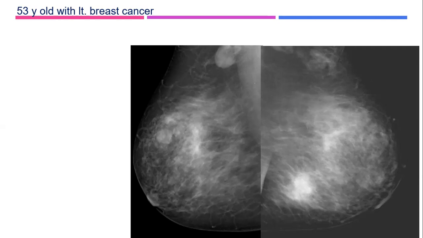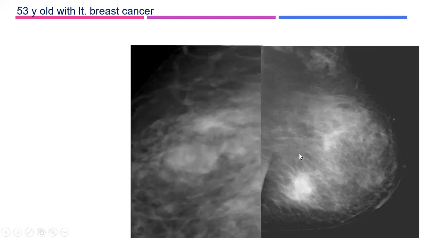So I would like to do a compression view for both lesions to characterize the margins of the lesions. If not, I will proceed directly to ultrasound.